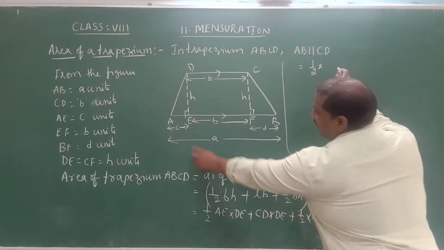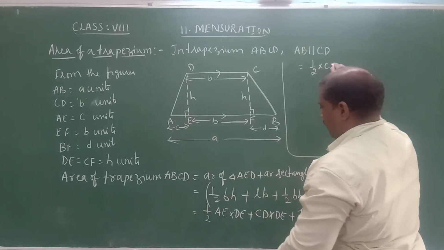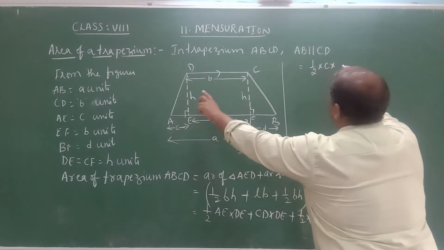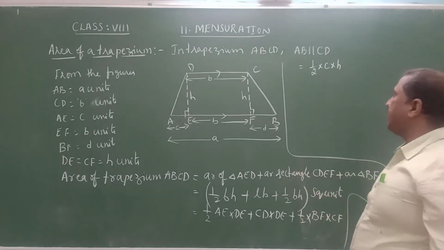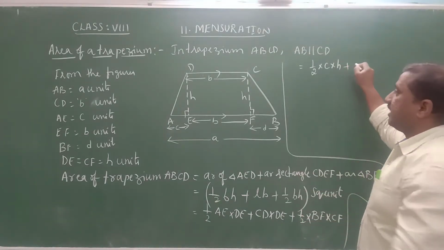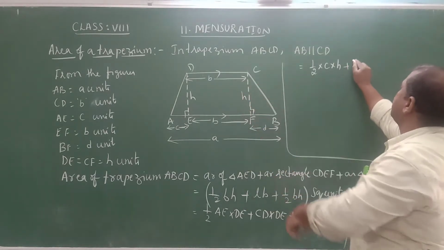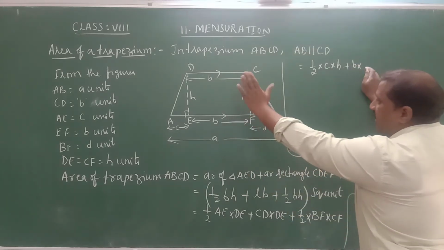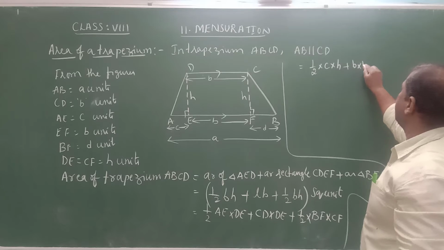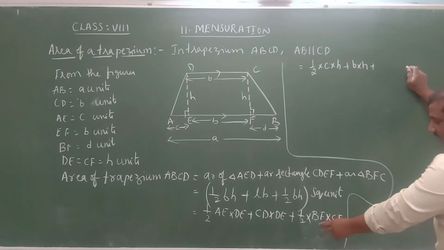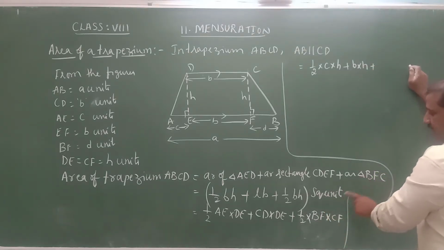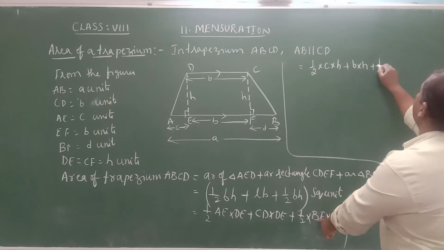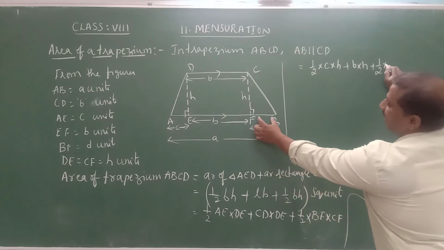Now you substitute all those from this equation. You get half into AE is equal to C into DE is equal to what? H. Half into C into H plus CD, length of the rectangle is equal to B into height, that is the width of the rectangle is equal to DE, which is H, plus area of triangle BFC, base is equal to BF, that is half into base BF is equal to what?